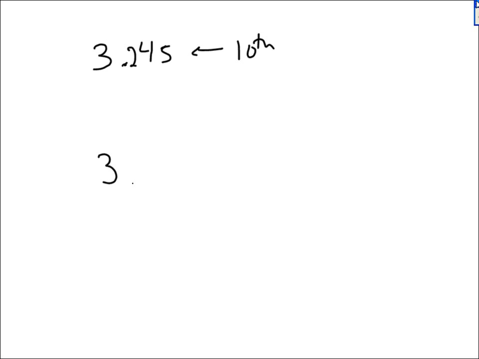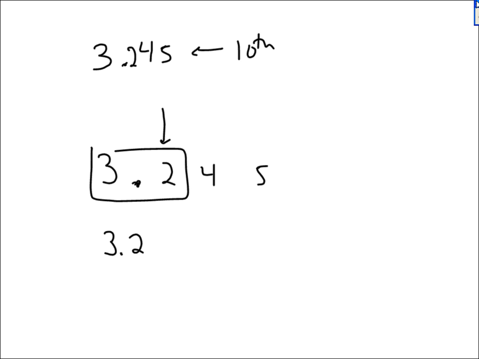Well, first, you write down the number and you look for the 10th position. That's the 10th position. So either the answer will be 3.2, or you add 1 to that position and the answer is 3.3. One of those two will be the answer.